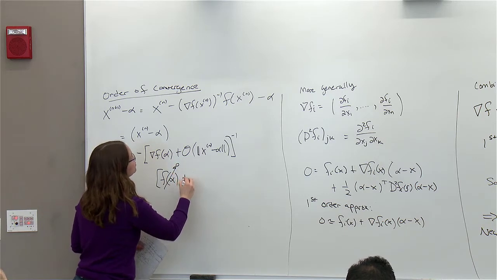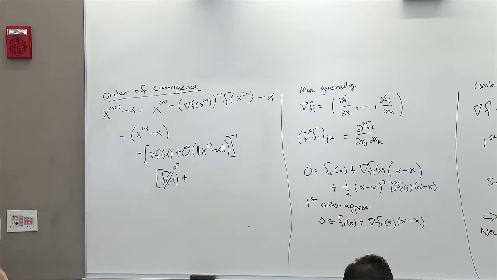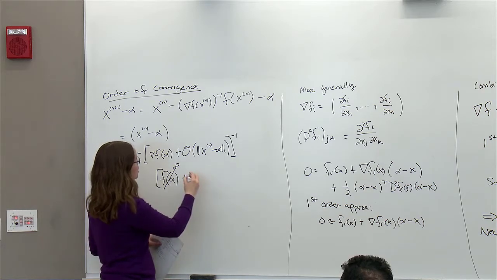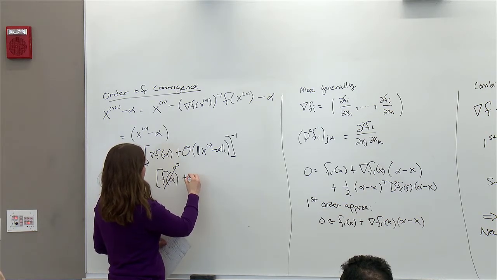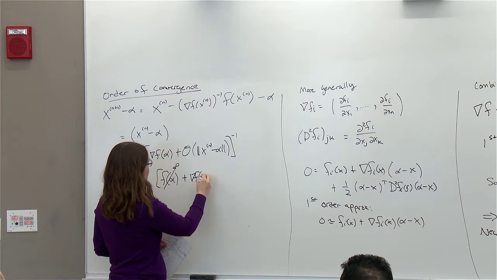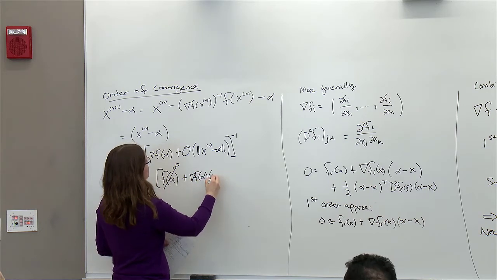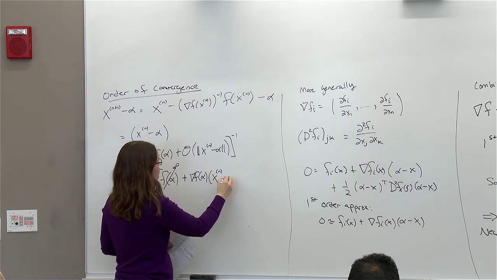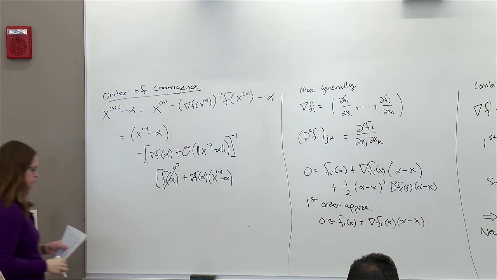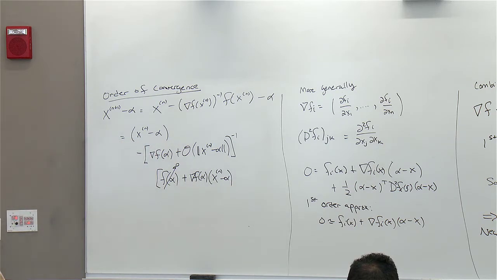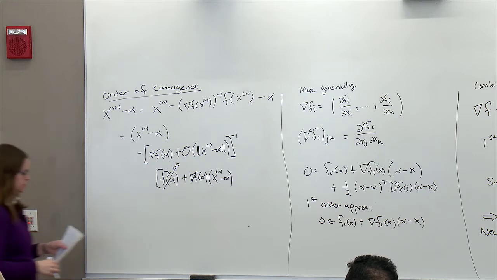So let's keep going a little farther, to try to get a non-trivial term popping up here. Okay, so I'm going to have Jacobian of f at alpha times x minus alpha, plus some error.